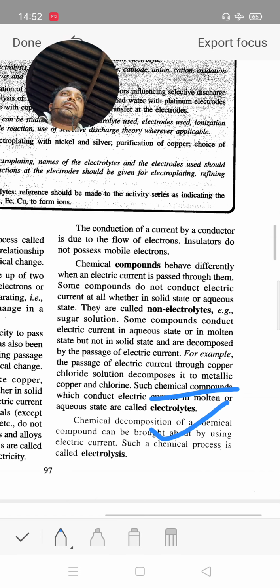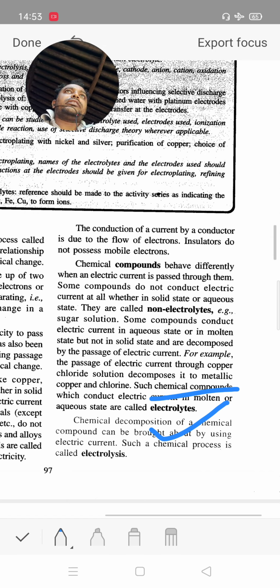So students, any chemical compound, solid, that is converted into a liquid or aqueous state and then conducts electricity or current is known as an electrolyte.